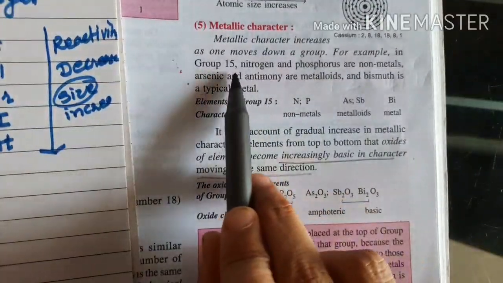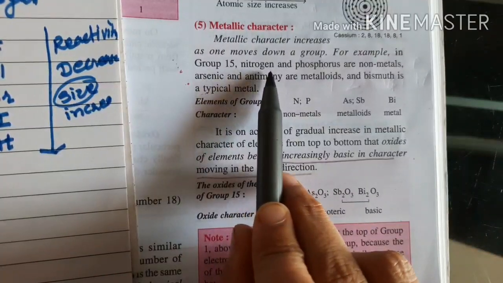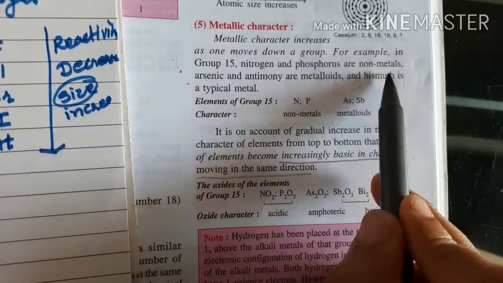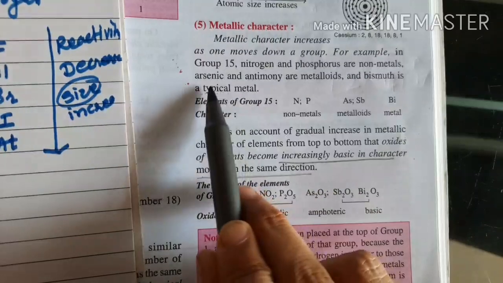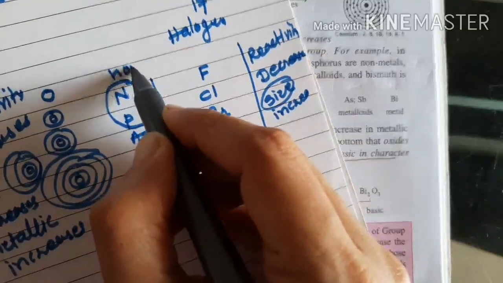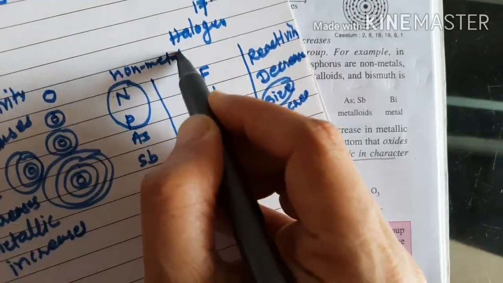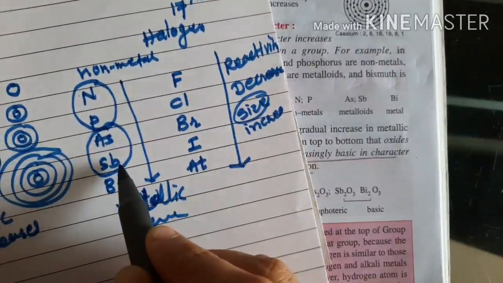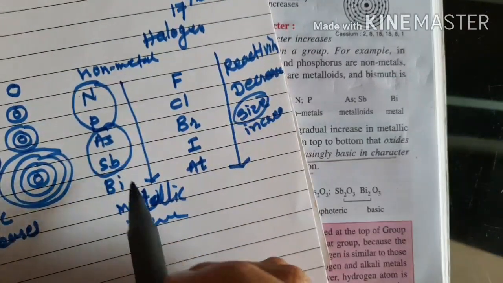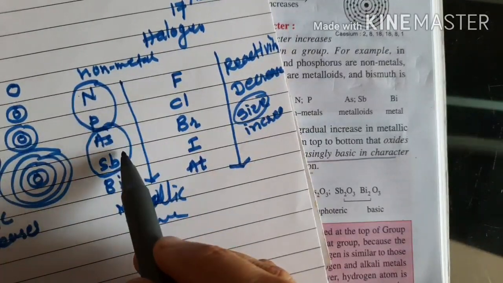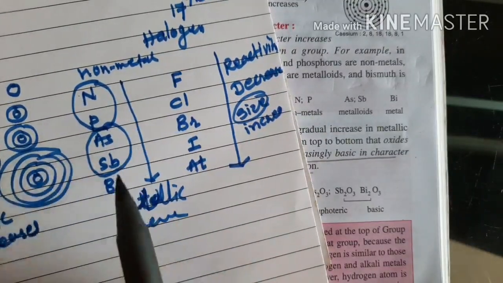So in group 15, nitrogen and phosphorus are non-metals. These first two are non-metals. Then these two are metalloids. What are metalloids? They have both properties: metal-like properties are present and non-metal-like properties are also present.